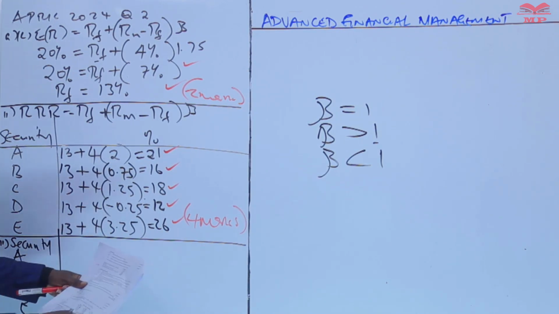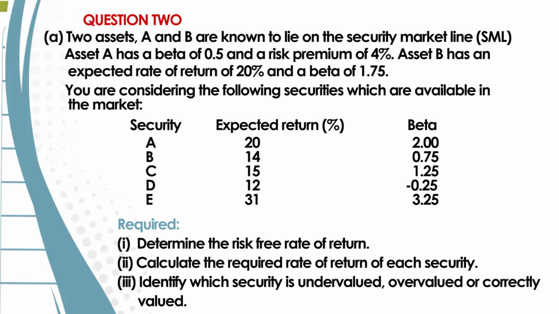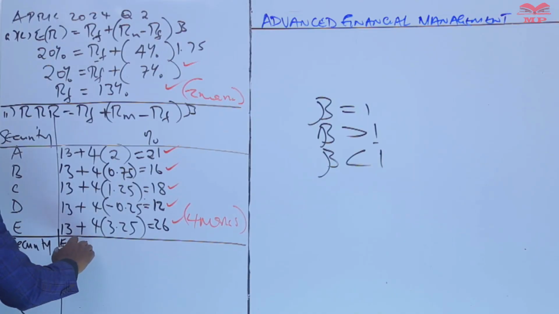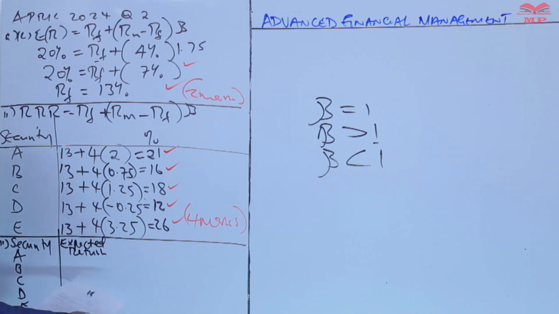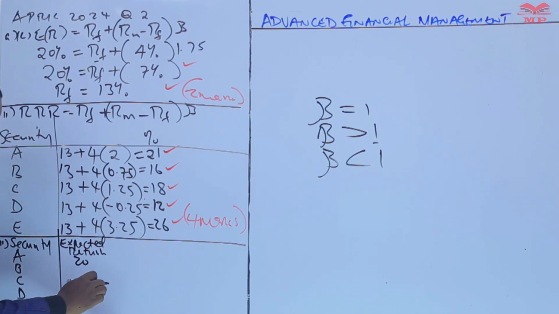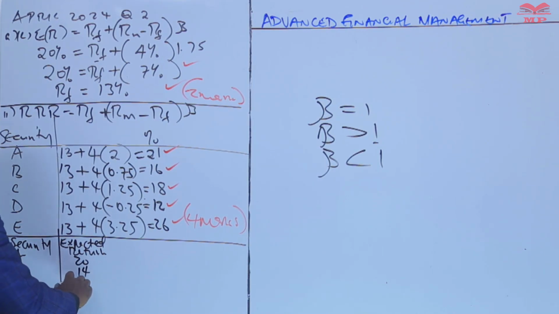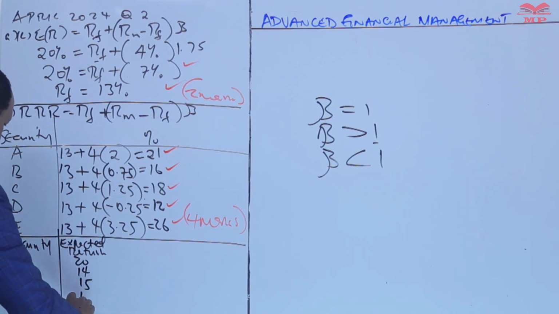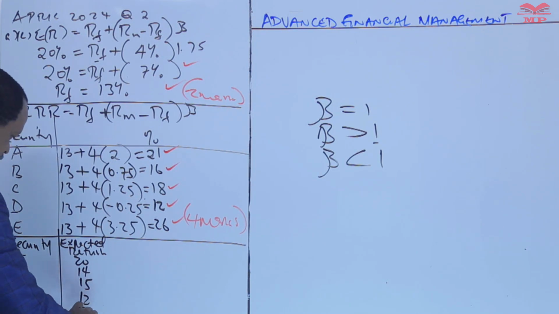Then from the information given, we have a column for expected return. A, 20%, B, 14%, C, 15%, D, 12%, E, 31%.